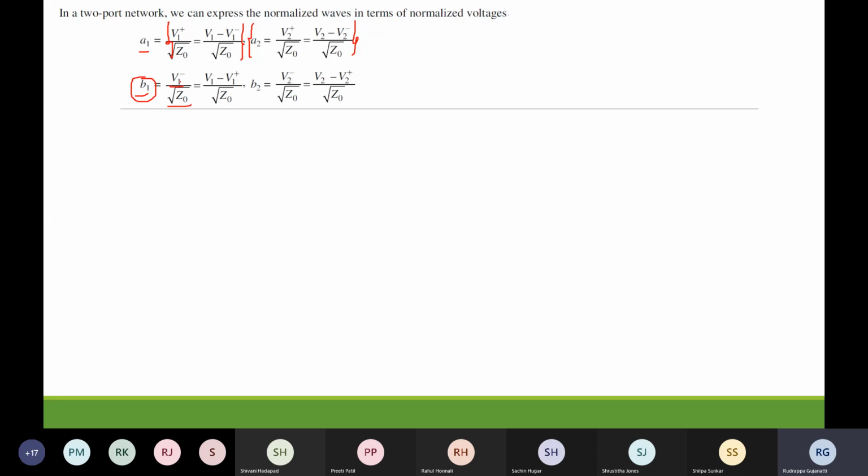When I want to represent V1 minus, I can have it as V1 minus V1 plus. Similarly, B2 is V2 minus divided by square root of Z0. So these are the wave amplitude representations of the parameters A and B for the two-port network we have discussed. This is all for today.